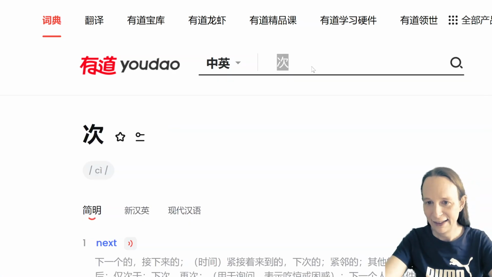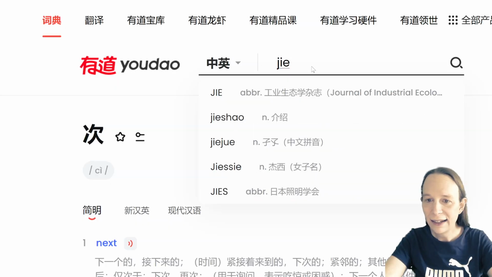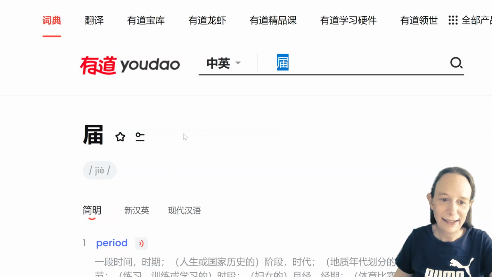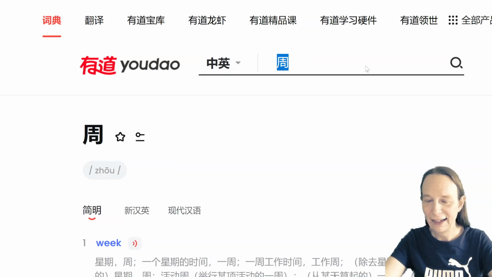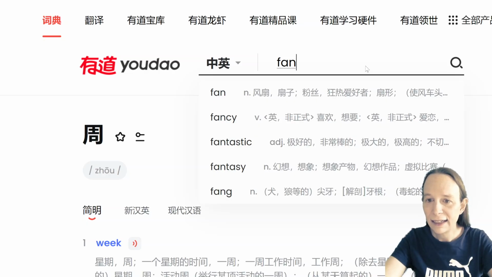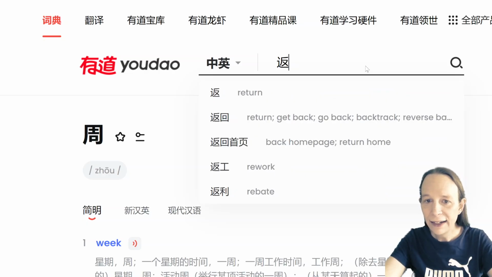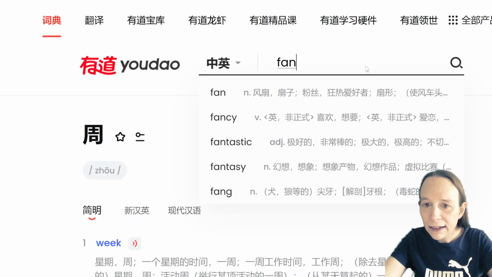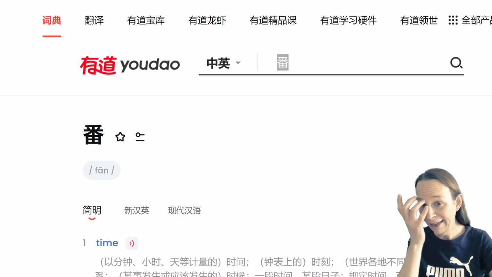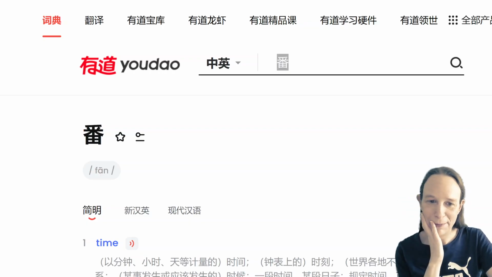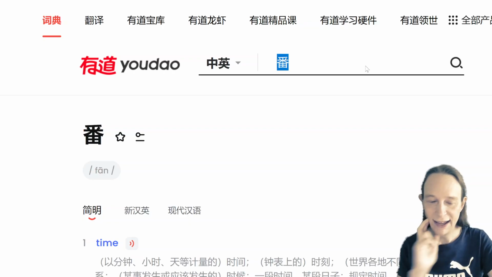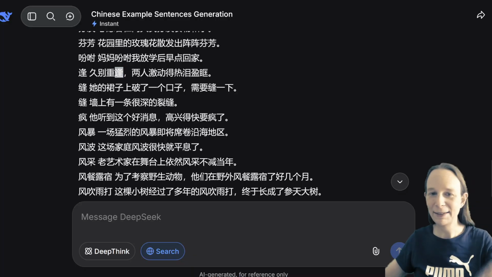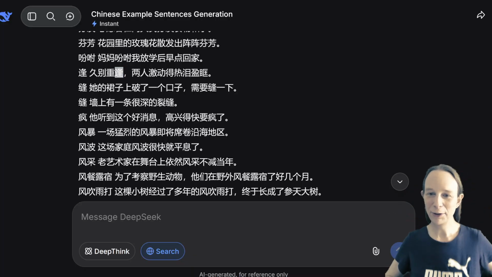There's a few others like 届, 场, and 番. They're verb measure words, and they measure the number of times a verb has taken place, as opposed to noun measure words, which you're probably super duper familiar with.